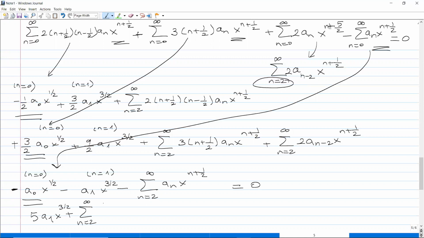So if you combine the terms, we have terms with an: 2n plus 1/2, n minus 1/2, and then plus 3n plus 1/2. The next one is a(n minus 2). Let me look at the last one, minus 1, an, and then 2a(n minus 2). And the power is x to the power n plus 1/2. And that's equal to 0.